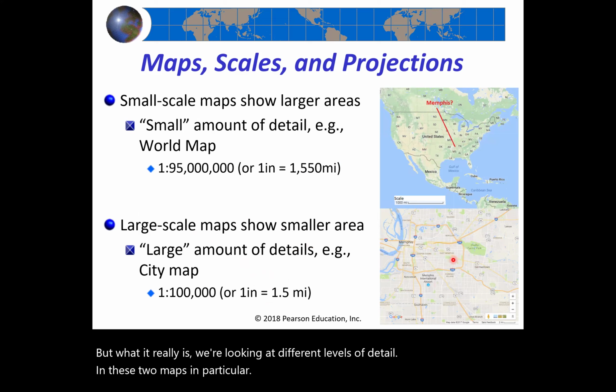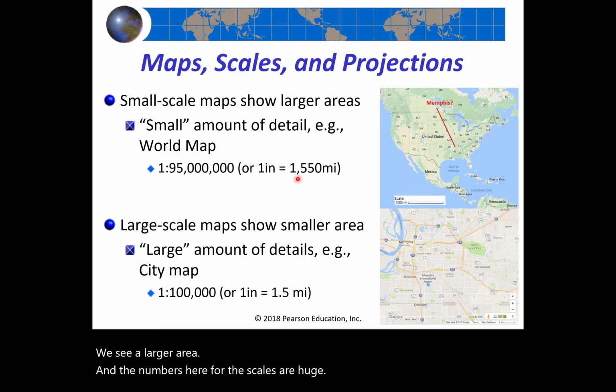And it's a little counterintuitive to say that, okay, a small scale map, we see a larger area. And the numbers here for the scales are huge. So why do we call it a small scale map?